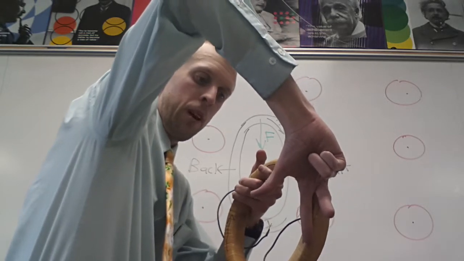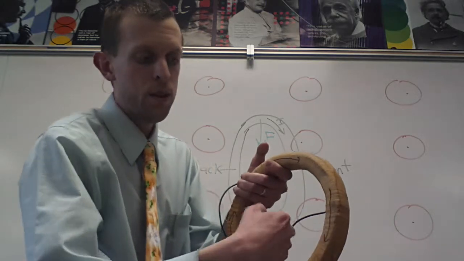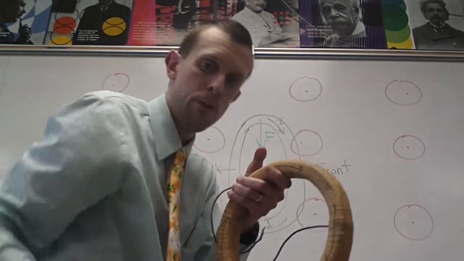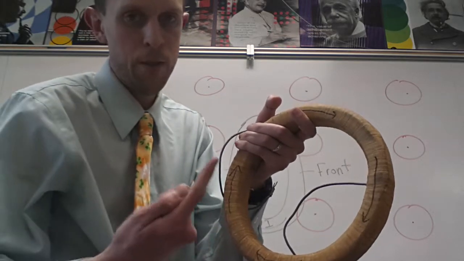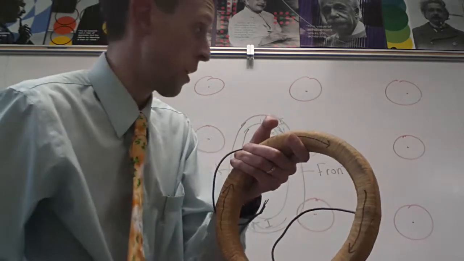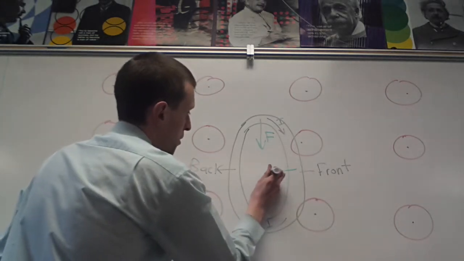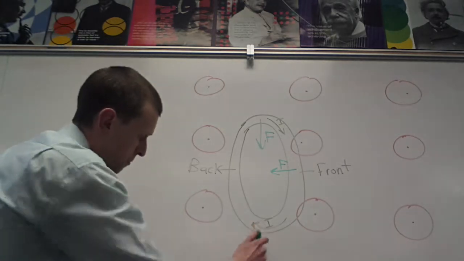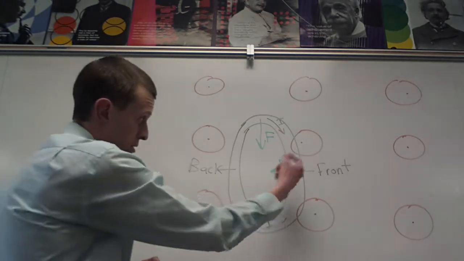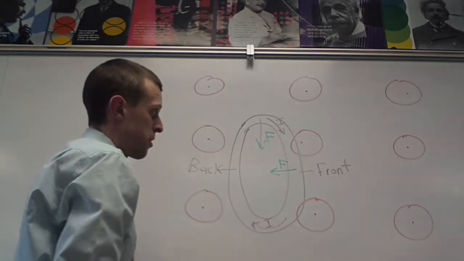And so my force is pointing straight this way, not toward the center of the circle, but out in front of that circle a little bit. So we have this force vector that's this way. This is straight in this direction, not into the board and not out of the board, but straight this direction.